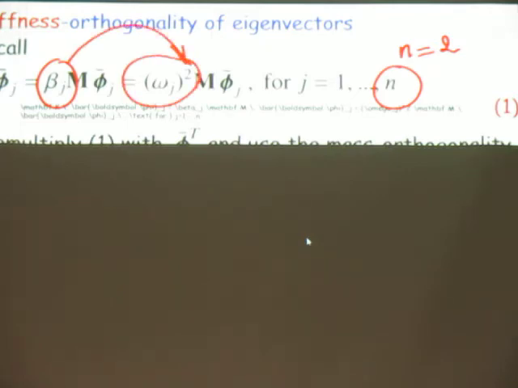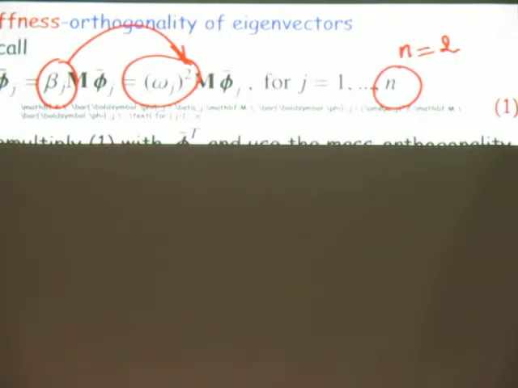That's complex enough at this level. So n here is equal to 2. And we call the eigenvalues beta j, equal to the square of the circular frequency. So beta j is the square of omega j.